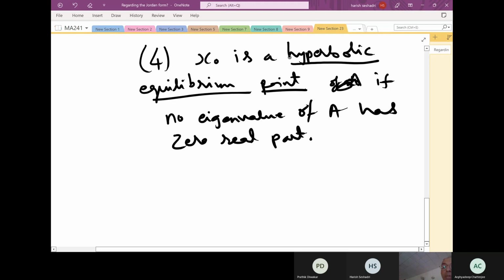So this assumption of hyperbolicity, if you ever look at dynamical systems, this notion is very important, in the sense that when you make this assumption, lots of theorems can be proved.